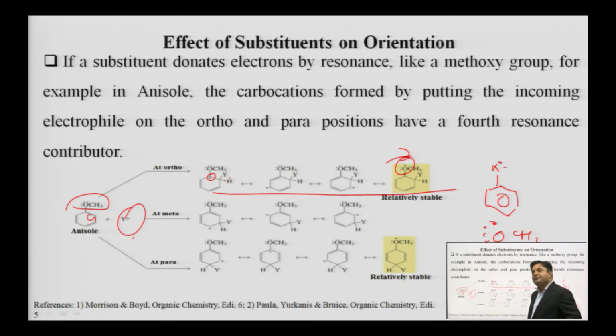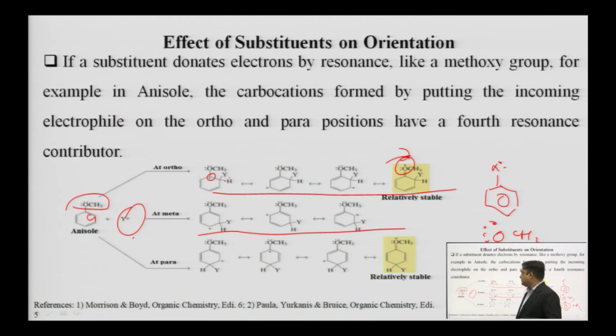When this Y plus electrophile attacks on the meta position, the same phenomenon occurs and we are getting the resulting carbocation intermediates, but here in the case of meta attack the total number of carbocation intermediates is 3.